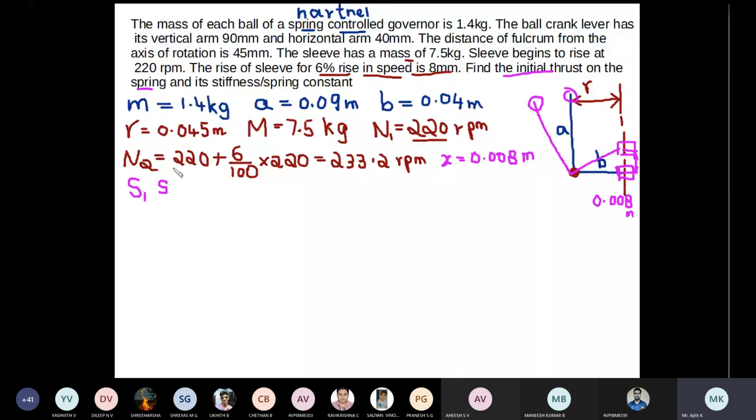S is given by the equation 2 times (A by B) whole square into (F2 minus F) divided by (R2 minus R).